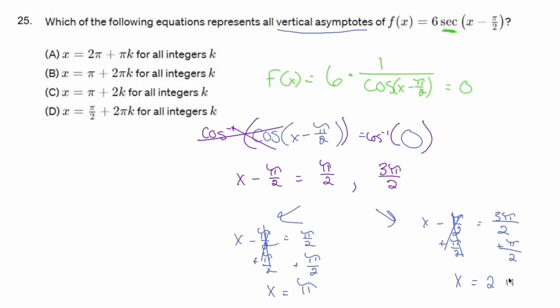Now, it's asking me to find all of them. So technically I have pi plus 2 pi k, where k is any integer, and 2 pi plus 2 pi k, where k is any integer, because you always add 2 pi k to it.